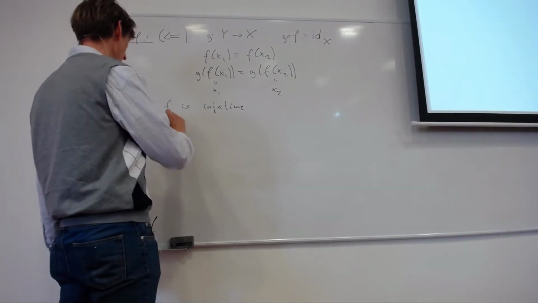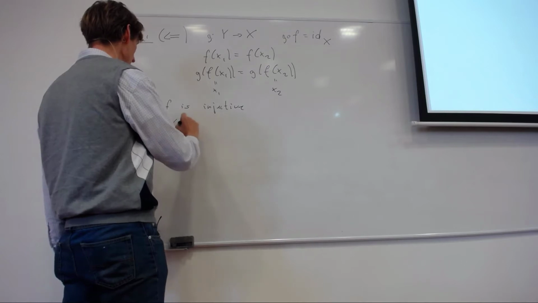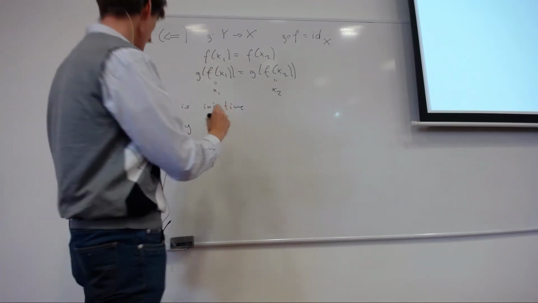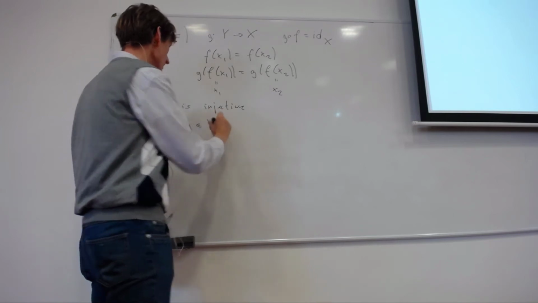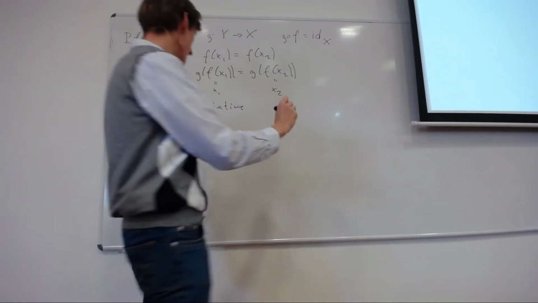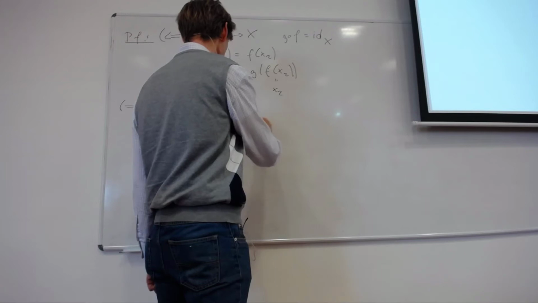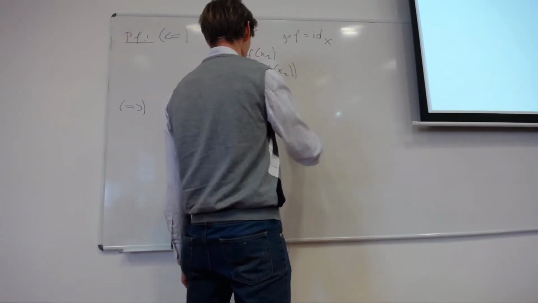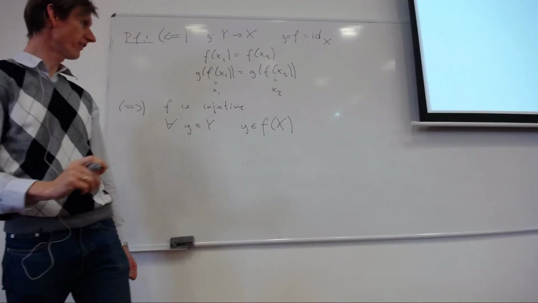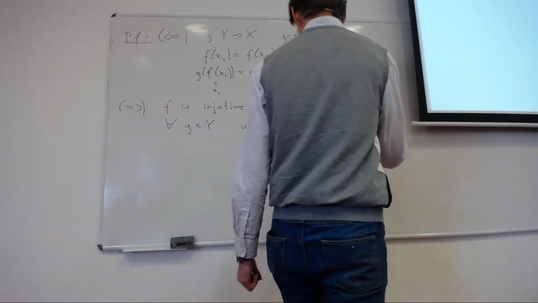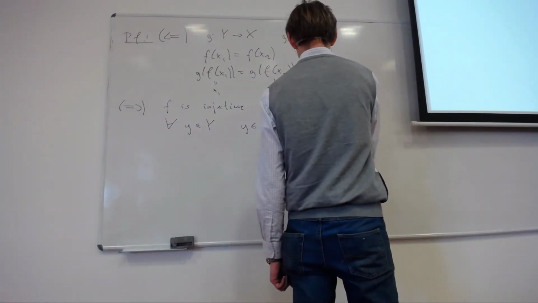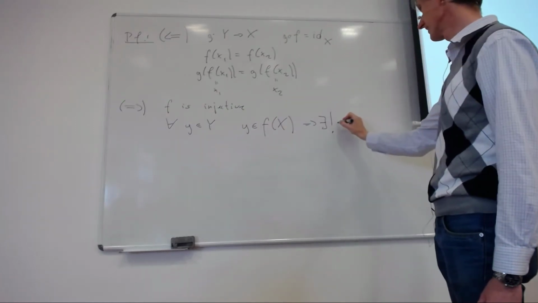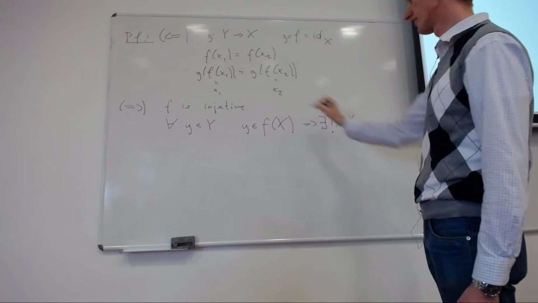For every element y in capital Y, if y is in the image of X with respect to f, then there exists exactly one element x in X which is carried onto y.